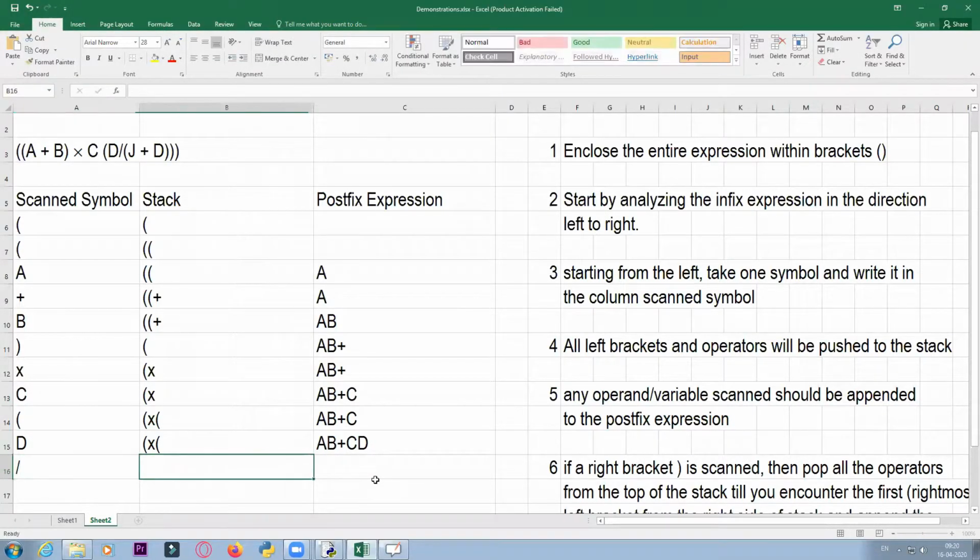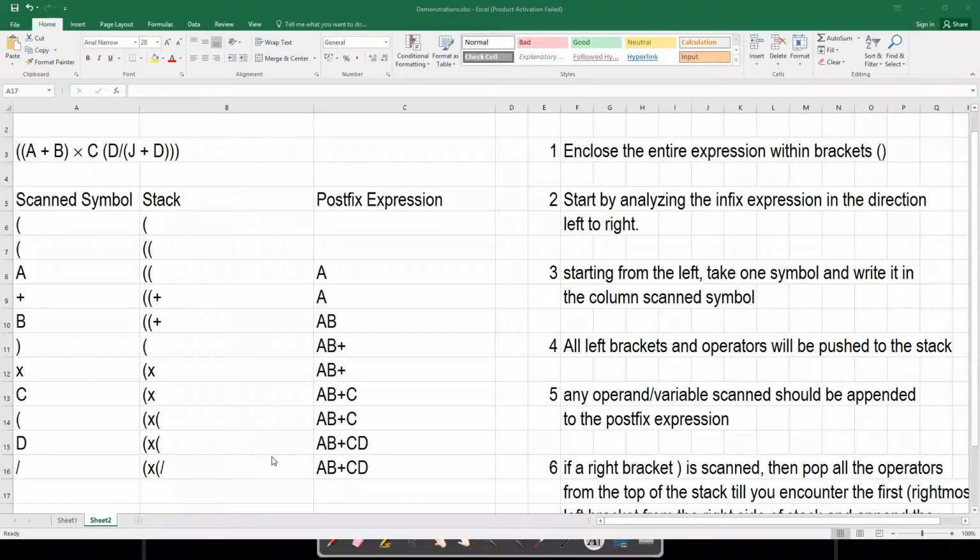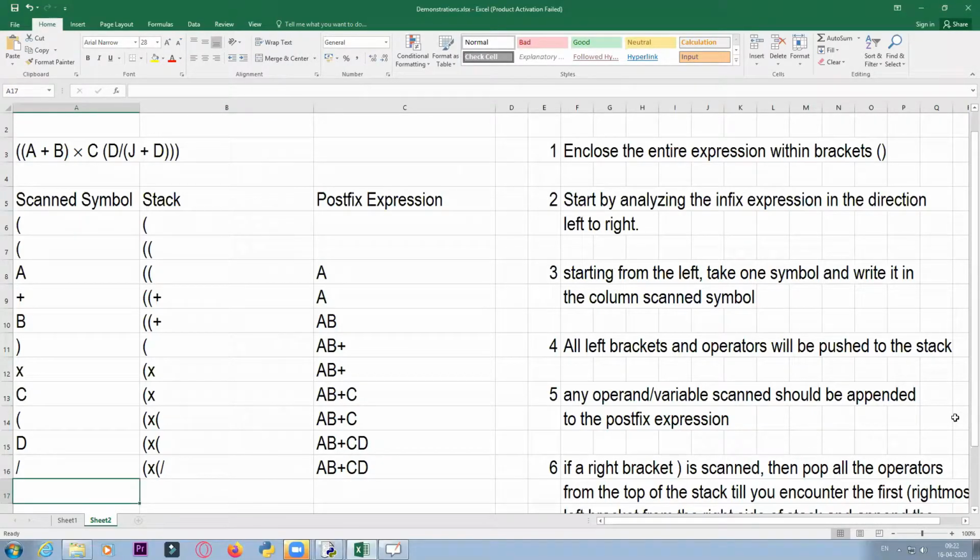You have a division sign, so this is going to be my stack, and AB plus CD would remain as it is. So after this we will be having the next left bracket, that is this one.